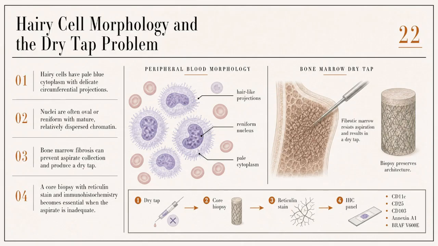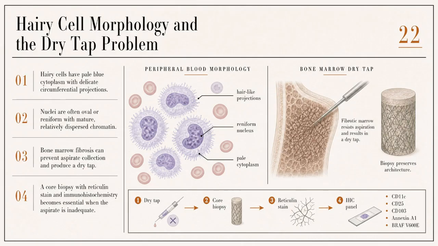This preservation is vital for subsequent immunohistochemical studies, which are often required to confirm the diagnosis by demonstrating the characteristic immunophenotype of hairy cells, including markers such as CD103, CD25, and annexin A1. Furthermore, molecular and cytogenetic testing may be performed on biopsy material or peripheral blood to detect mutations like BRAF V600E, which has diagnostic and therapeutic implications.